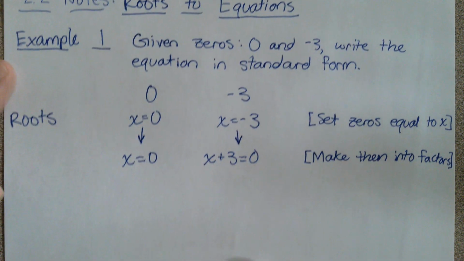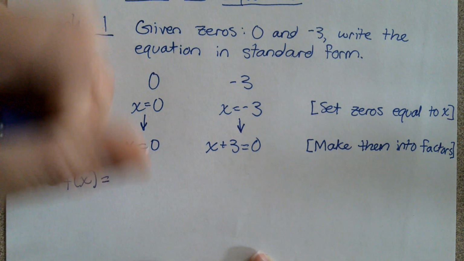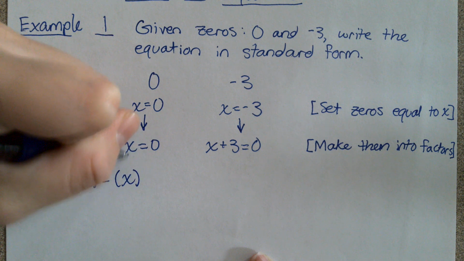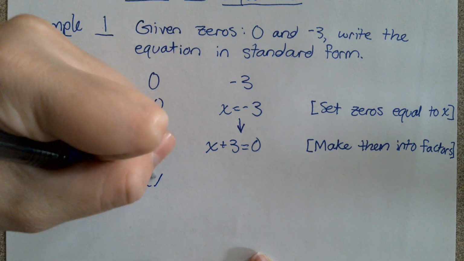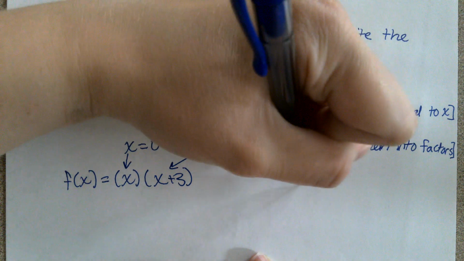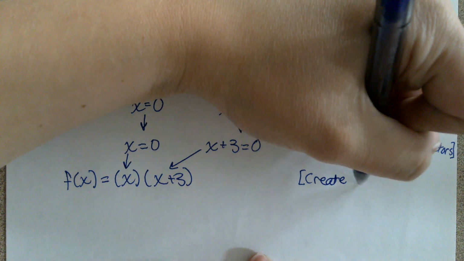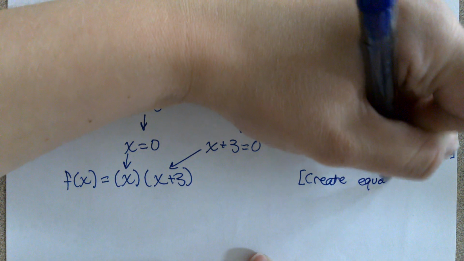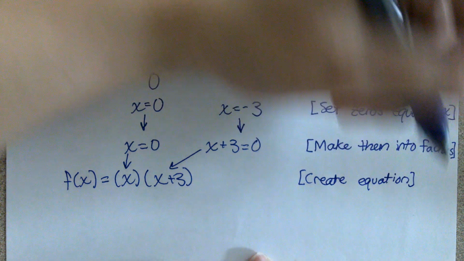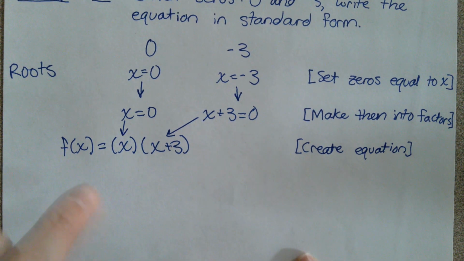And then we're going to make our equation. F of x equals x times x plus 3. So next we create our equation. Lastly, we cannot leave this like this.